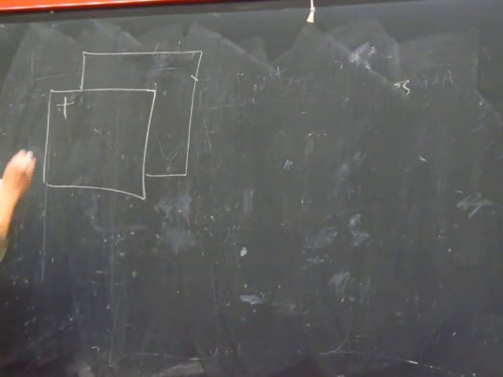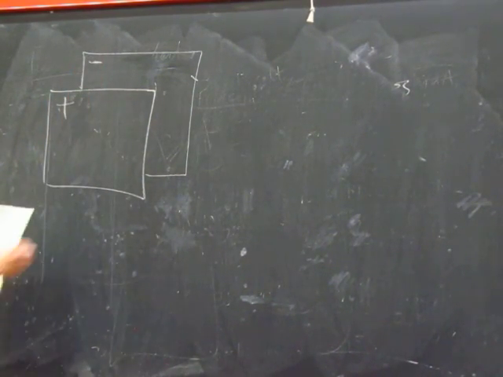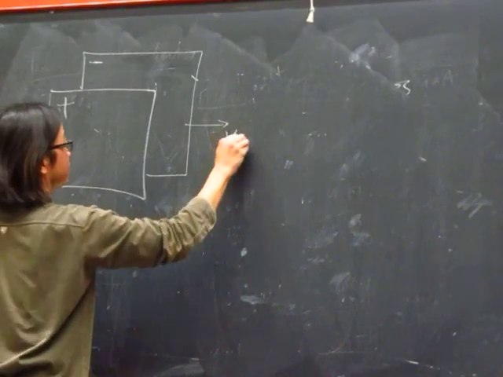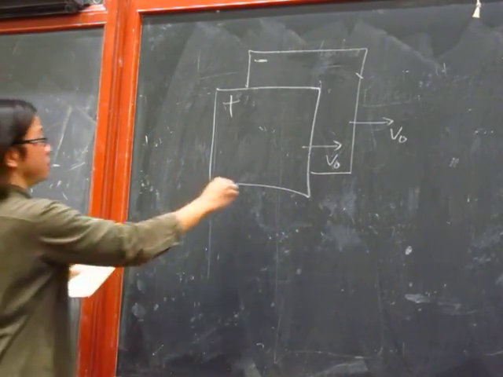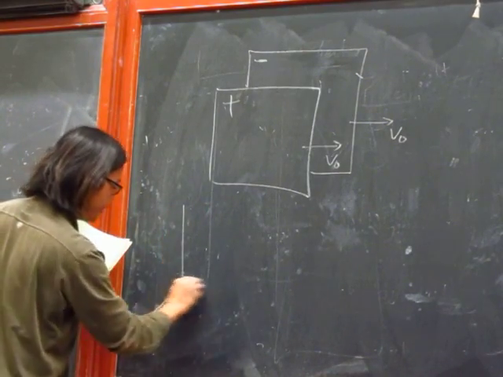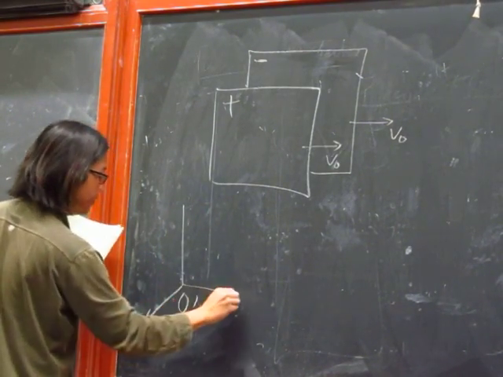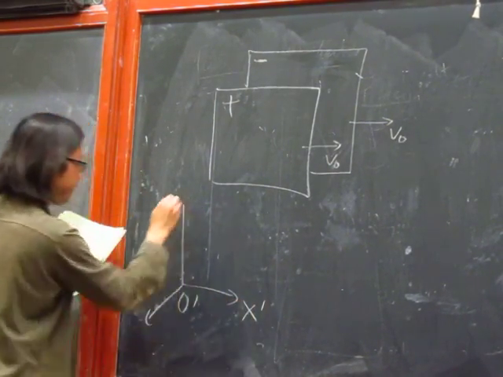There's a plus plate, there's a minus plate. Now it's moving in this direction with V naught. This is the O frame, and then Charlie's frame, O prime, this is X prime.